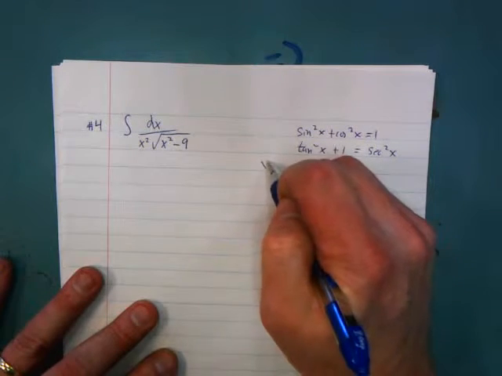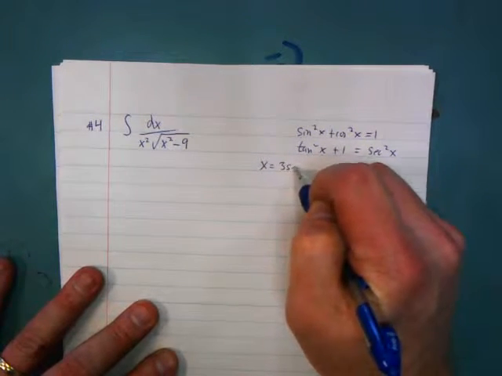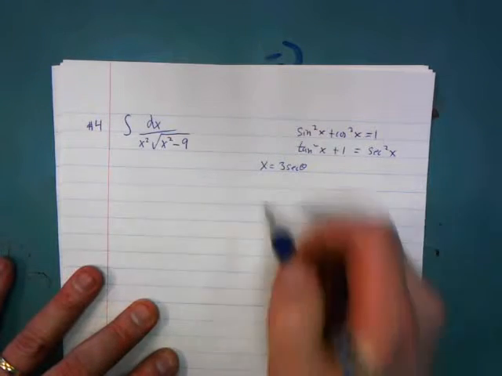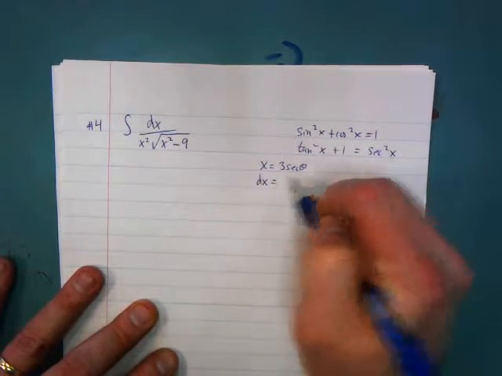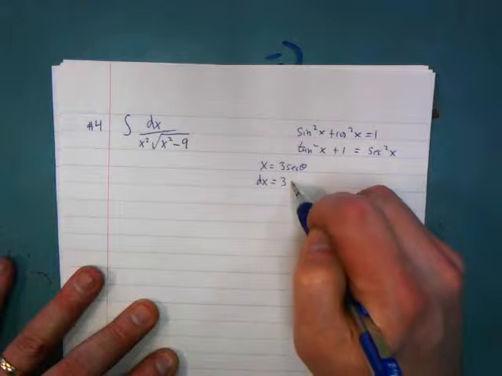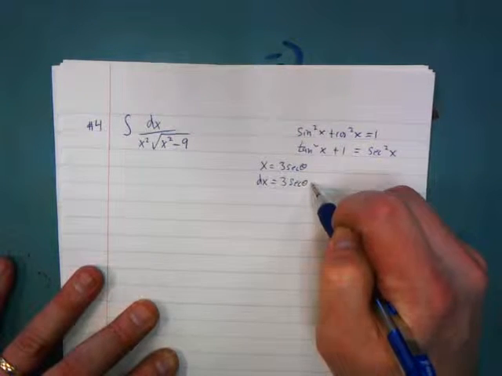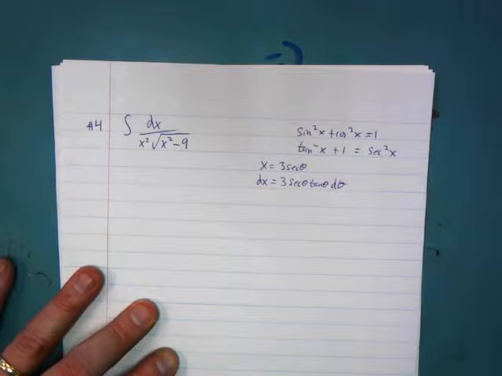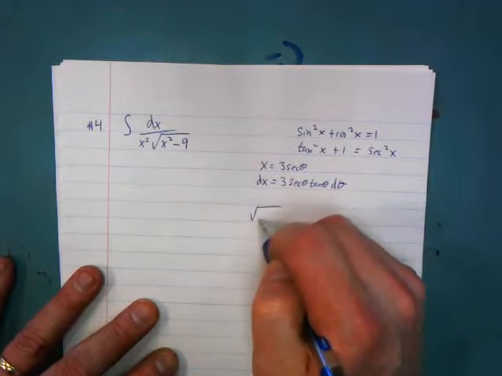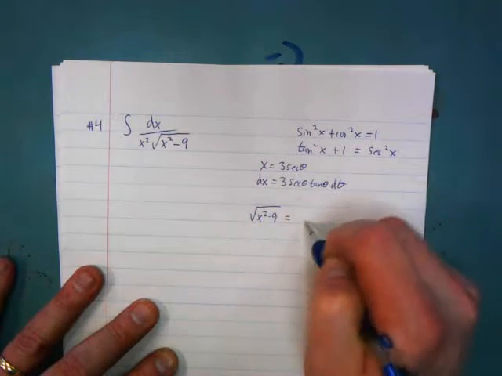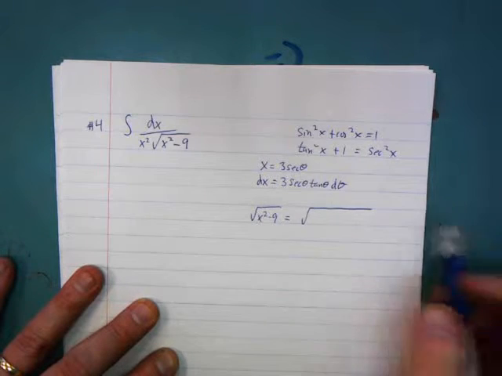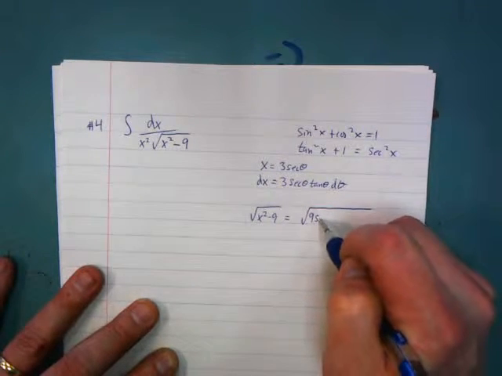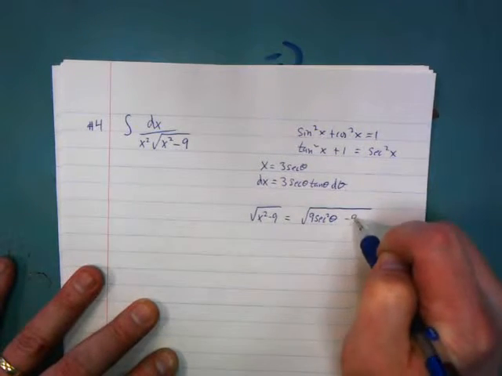I think we want x to be 3 secant theta, which makes dx 3 secant theta tangent theta d theta. And then, you're absolutely right, what's going to happen with the square root thing? Square root of x squared minus 9 is going to become square root of 9 secant squared theta minus 9.